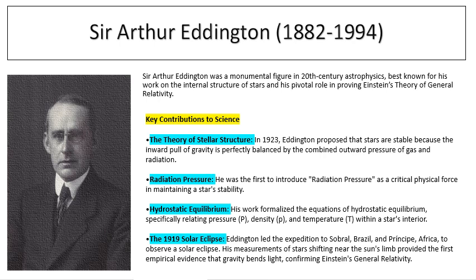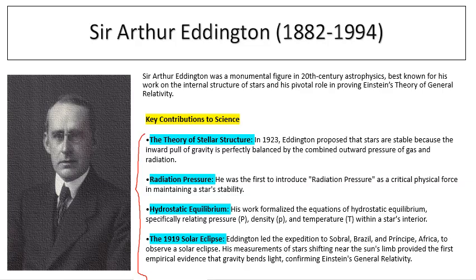So let's discuss his key contributions to stellar science in general: the theory of stellar structure, the radiation pressure, the hydrostatic equilibrium, and, as we have discussed, the 1919 solar eclipse that proved Einstein's GTR.